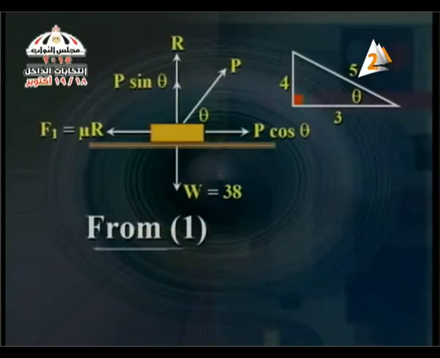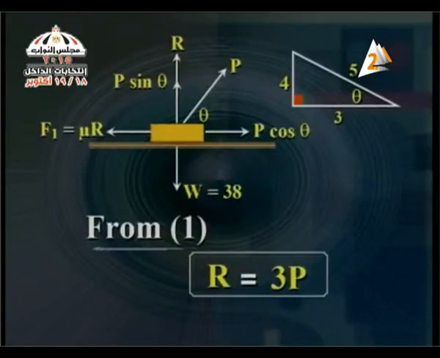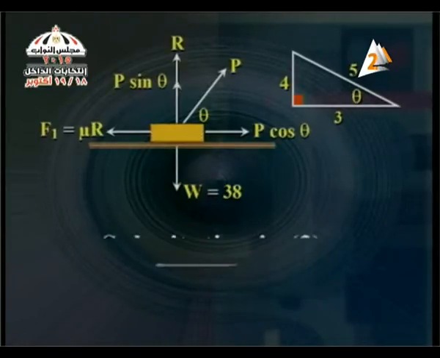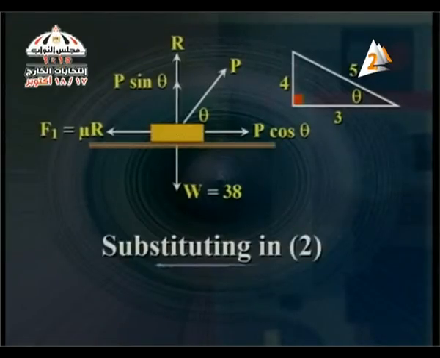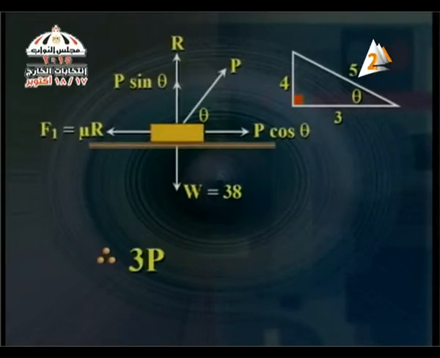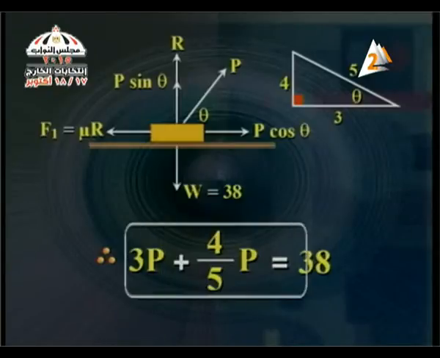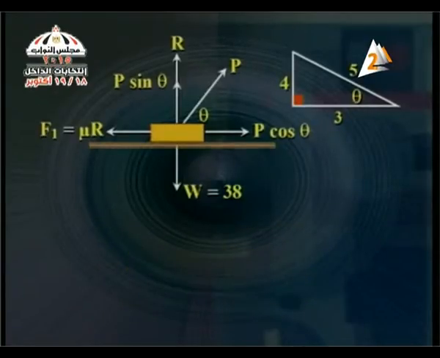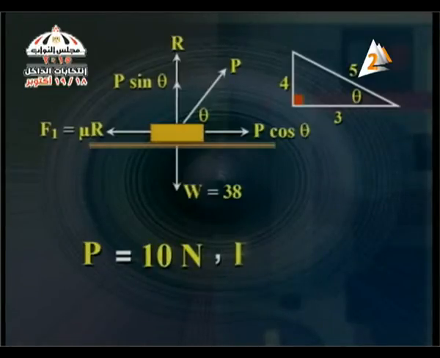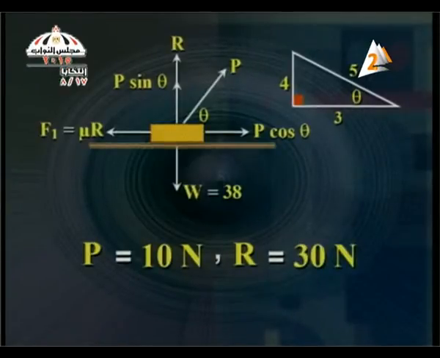After that, from 1, R equals 4P, and by substituting in 2 we get 4P plus 4/5 P equals 38. Then P equals 10 Newton after simplifying, and R equals 30 Newton.